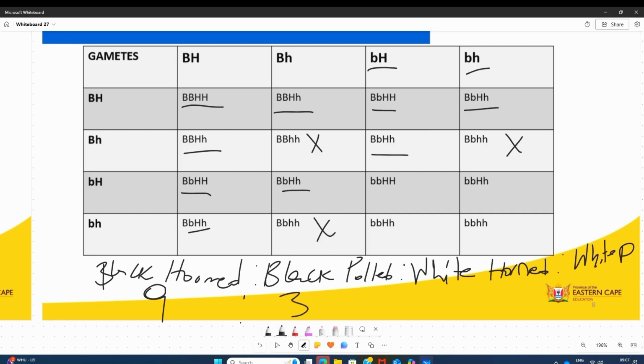Let's continue to the white and horned, recessive alleles b and dominant allele H. We have 1, 2, and 3. That is 3. And then lastly, the last one is white and polled. This is the last one, it is 1. That's how you determine the phenotypic ratio for the F2 offspring.